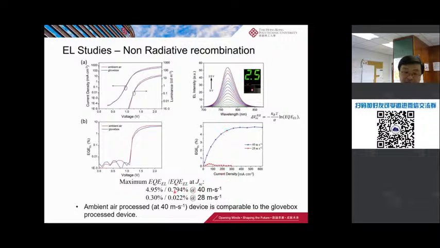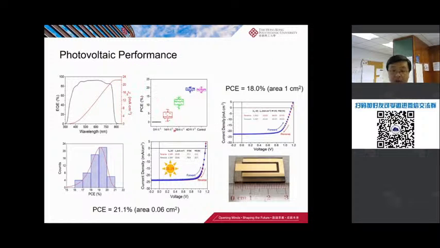Okay, you see an efficiency of about 5% versus 0.3. Okay, so in ambient fabrication, yes, remember that we do need the air knife to be fast enough to remove the solvent to help you to get a good efficiency here. Okay.